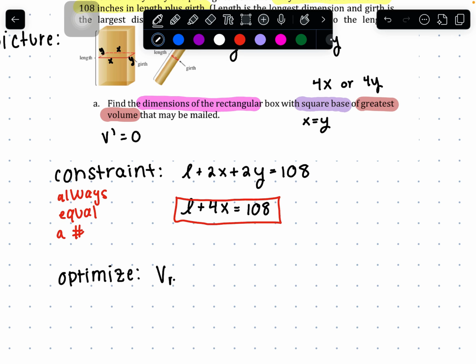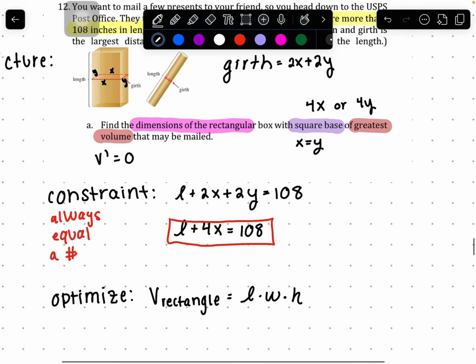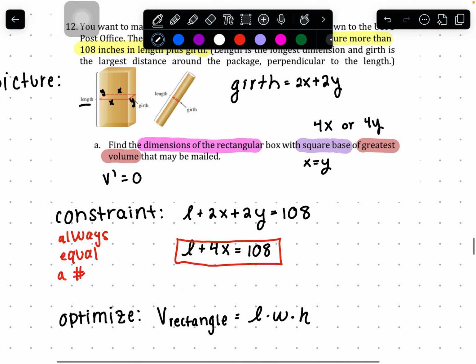So volume of a rectangle, hopefully we know this, is length times width times height. But let's be careful about this because really the length here is our height.